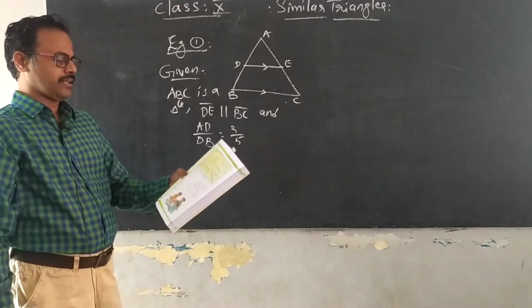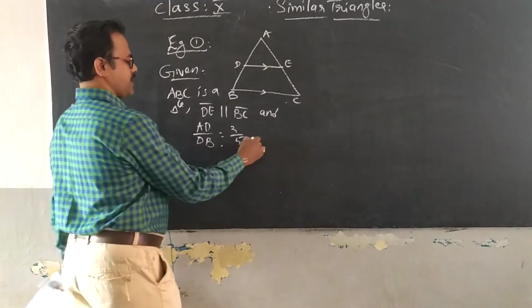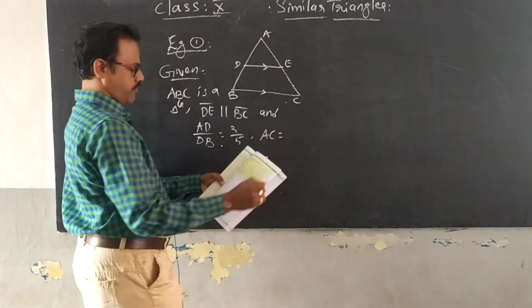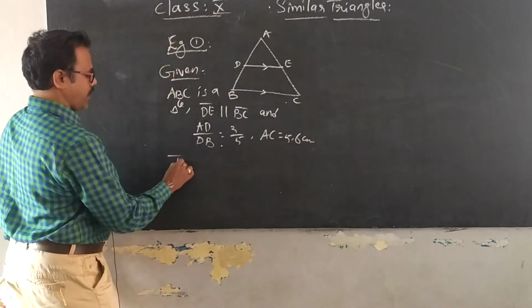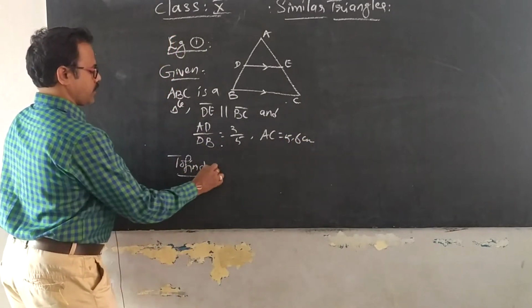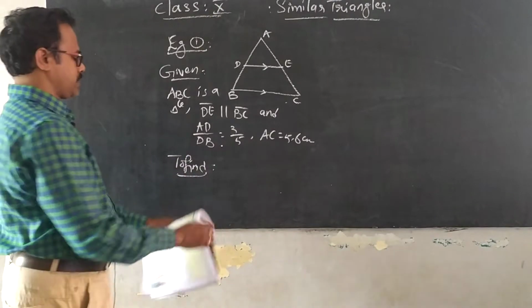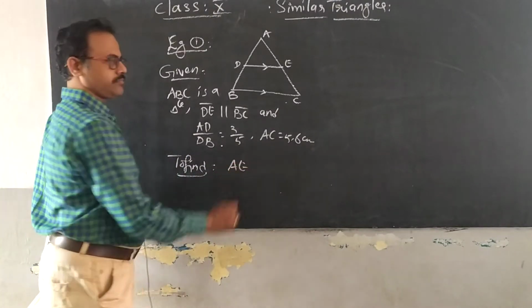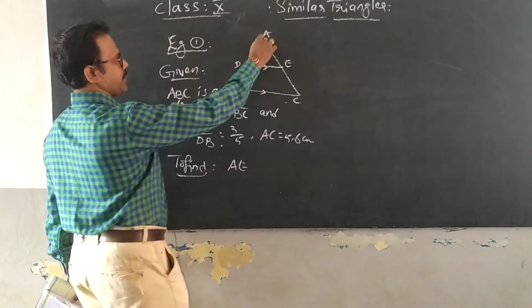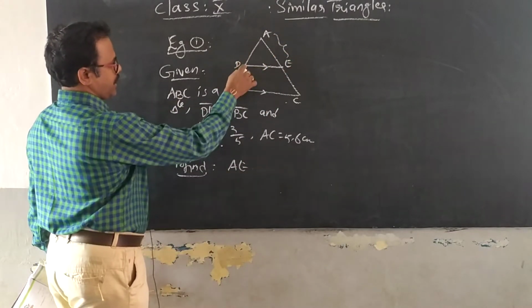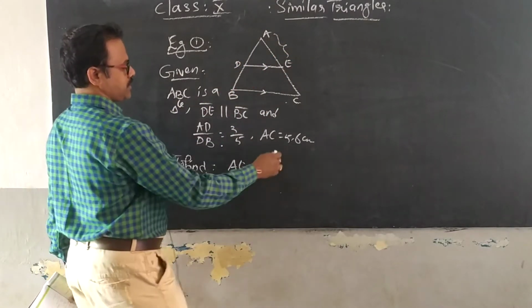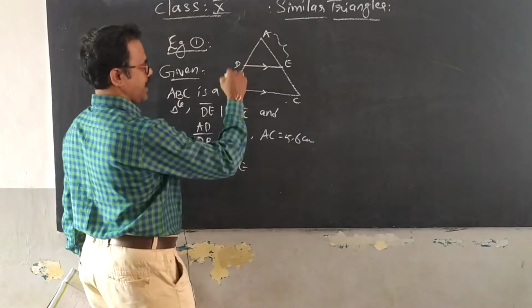We are asked to find AE if AC is equal to 5.6 centimeters. So what is to be found here? That is AE. It is given that AD and DB, so basing on that we need to find AB.